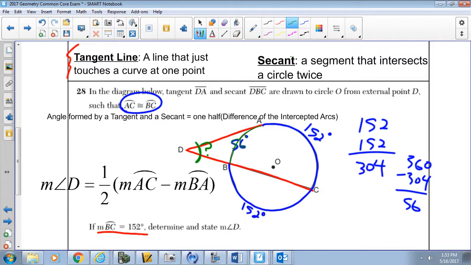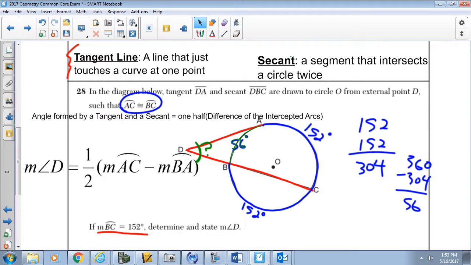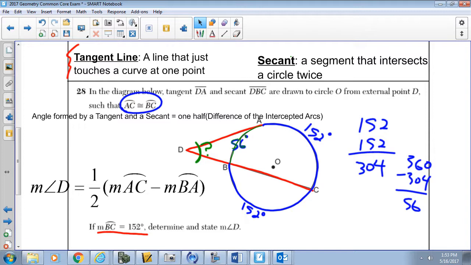Now there's a little formula that I want you to write down, and this is numerically what it looks like with our specific letters involved. An angle formed by a tangent and a secant. We have our tangent, which is DA. We have our secant, which is DBC, is equal to 1/2 the difference of the intercepted arcs.